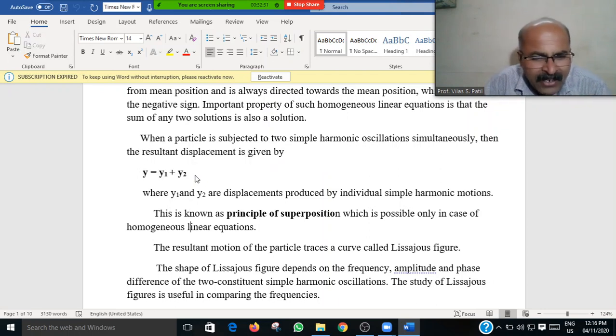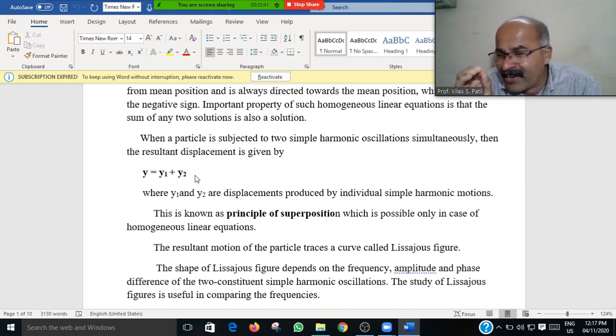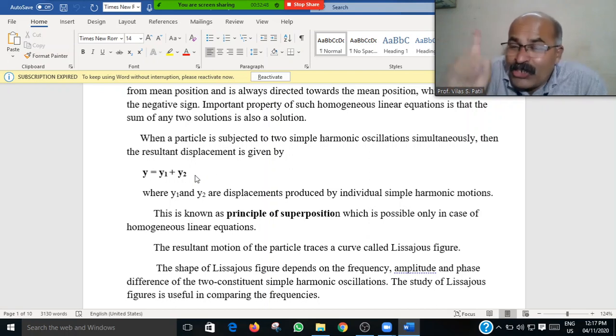Again friends, this is known as the principle of superposition. It shows that the resultant displacement is the logical addition of the displacements which are produced individually by each force.